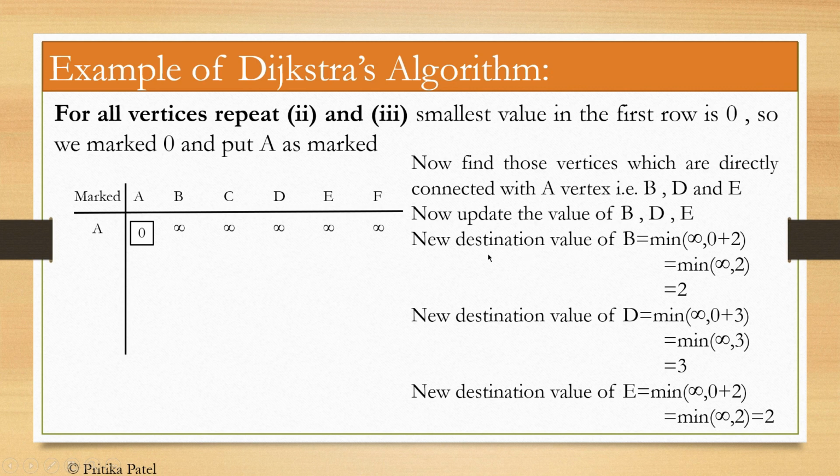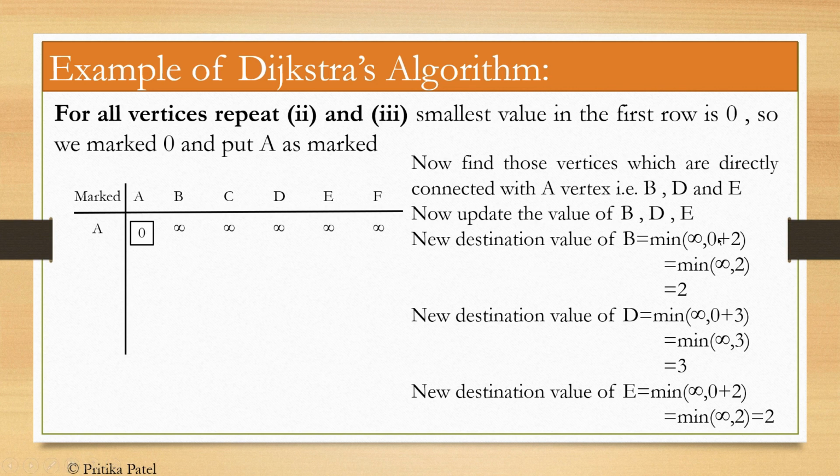The formula for the new destination value of B is the minimum of the old destination value, comma, mark value plus the edge weight. Here infinity is the old destination value for B, and the mark value is 0.